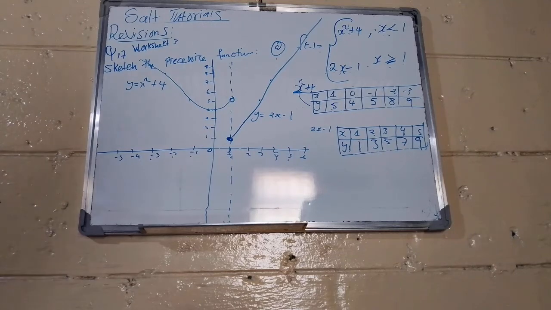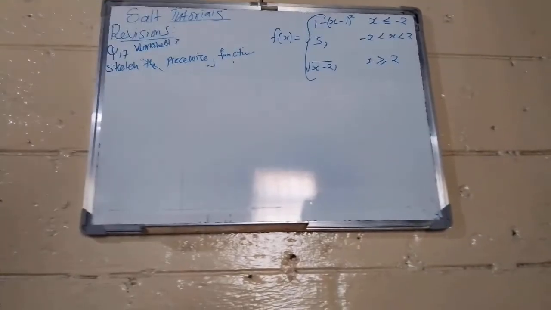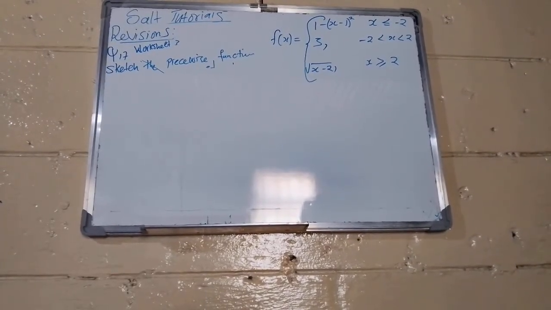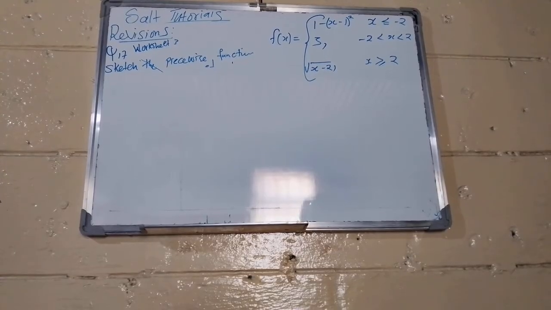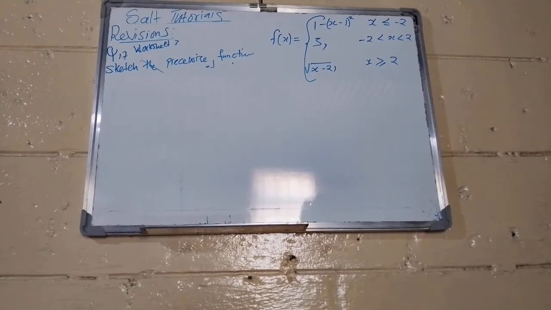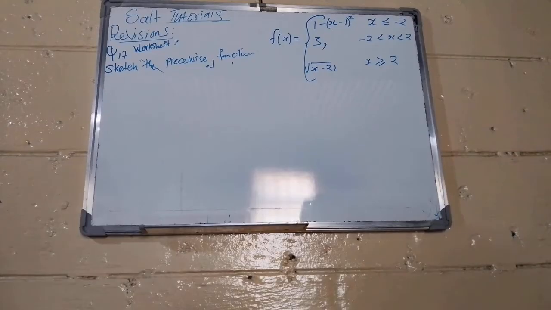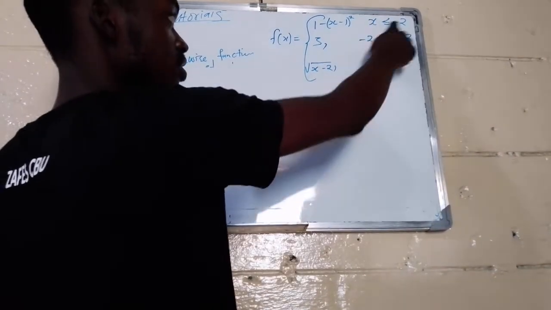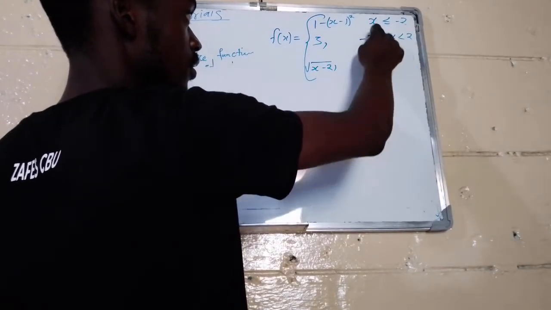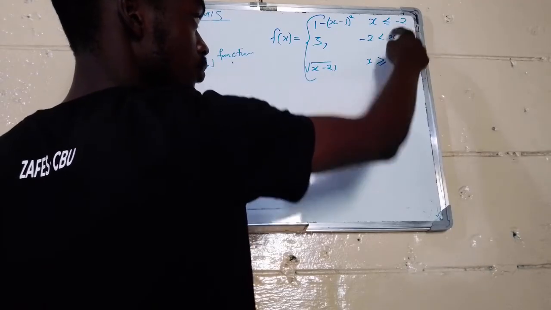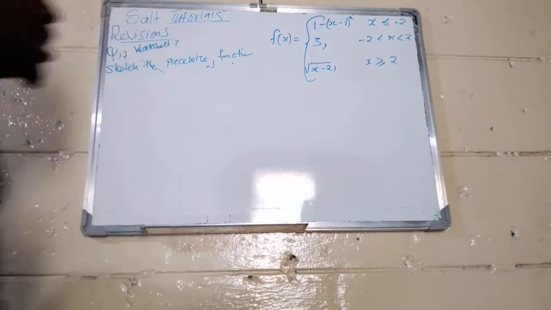Let's look at another one, B. So let's look at the second one. If you look at what is happening here, how many boundaries in the interval do I have? I have x equals negative 2 and I have x equals 2. So these are the only 2 values of x in the intervals.